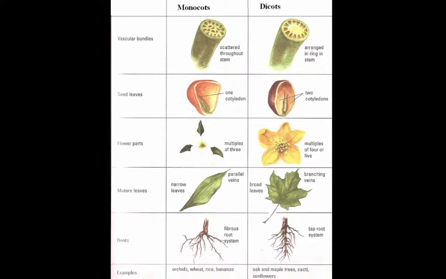Is this a gymnosperm, or a conifer? Then you get to a point where you say, okay, this is not a fern, this is not a cone-bearing plant, it's not a gymnosperm. Yes, this has flowers and fruits, therefore it's an angiosperm. When you get to that point, the question that follows is: is this a monocot or a dicot?